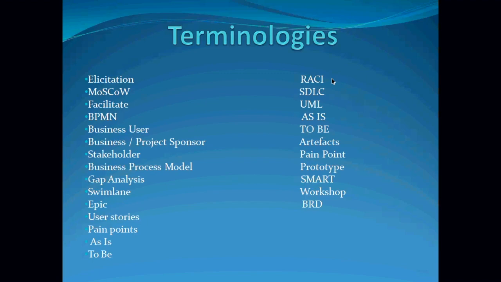Then the SMART. SMART is about your requirements. S means specific. Your requirements must be measurable. You need to be able to measure your requirements, and they must be achievable, or attainable. Every requirement you document must be able to be achieved, and your requirements must be relevant.